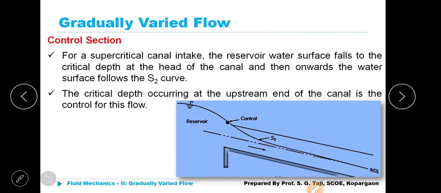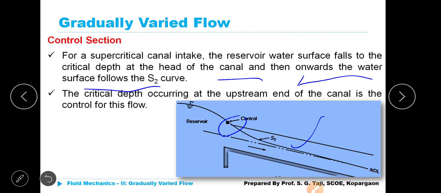For a supercritical canal intake, the reservoir water surface falls to the critical depth at the head of the canal, and then onwards the water surface follows the S2 curve. This is the control section, so it follows the S2 profile after the control section as the reservoir water surface falls.